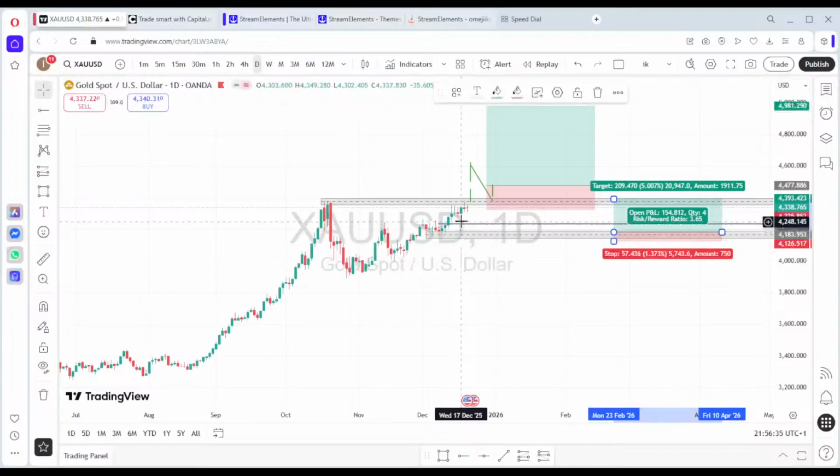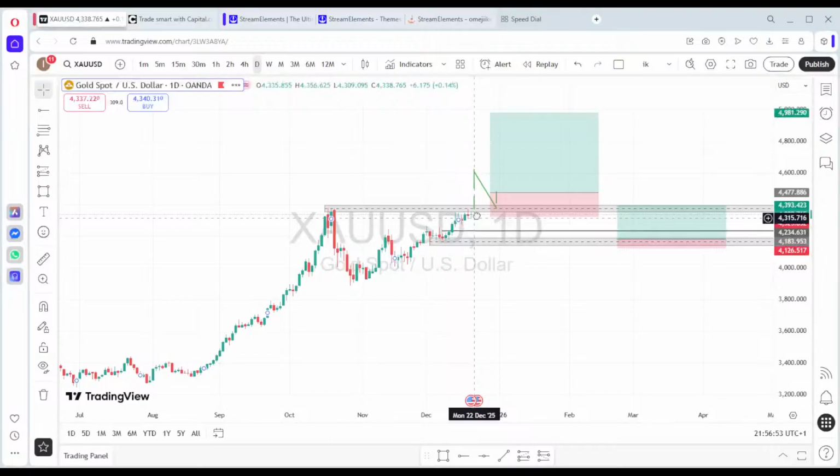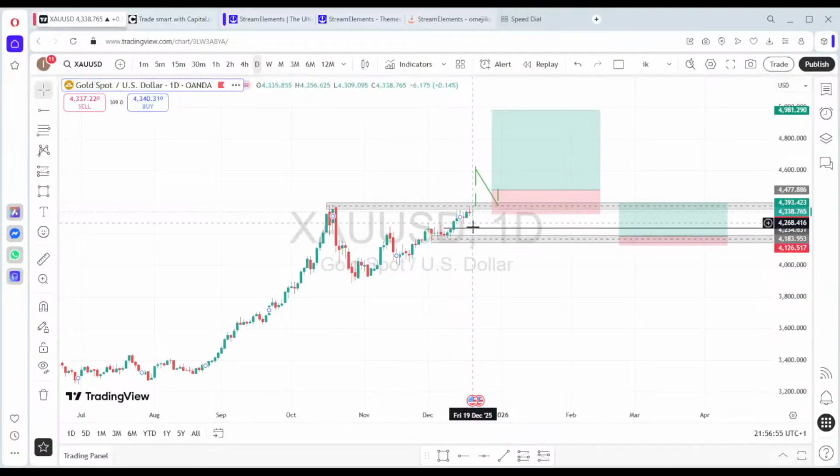It can equal it and decide to start moving up. But if it dashes through that place and breaks it while coming down, then this other block is the next point we're expecting, and then we'll probably be expecting this liquidity sweep. But if you are buying from here, ensure that you are paying attention to what is going to happen in this horizontal ray zone, and see if there's going to be a sweep of this place.